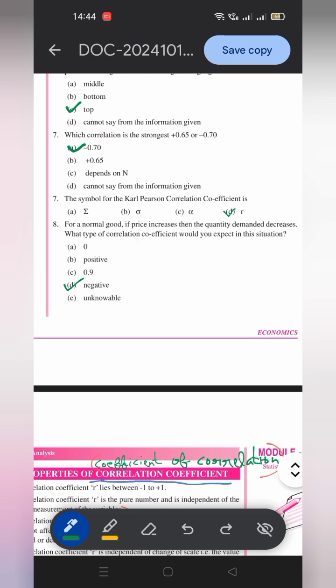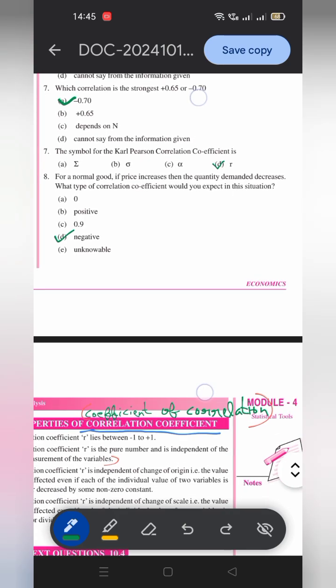Next, question 7. Which correlation is the strongest, positive 0.65 or minus 0.70? Answer is A, minus 0.70. Seventh question.